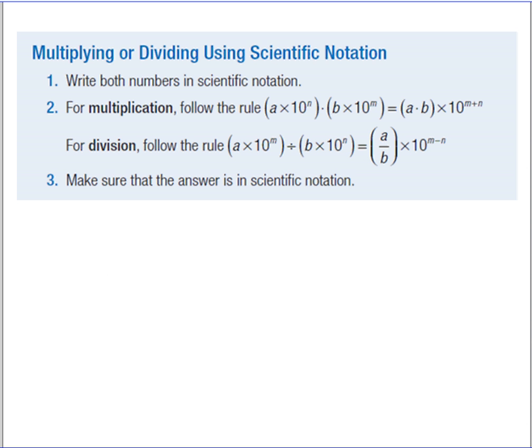Now, if you're multiplying or dividing using scientific notation, you're going to use the same rules that you've used before with your coefficients. Think of your number A or number B in this scenario as your coefficients. You're multiplying those or dividing those, and then adding or subtracting the exponents, just like we've been doing in other types of problems.